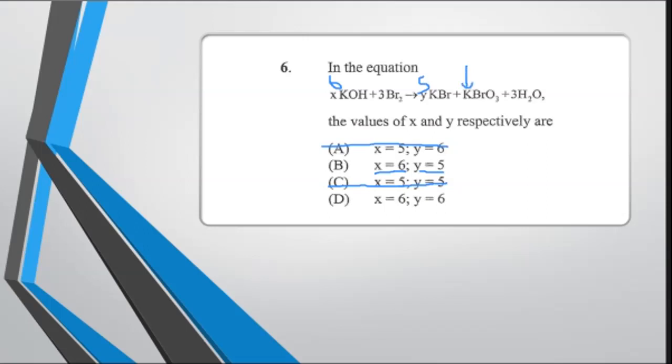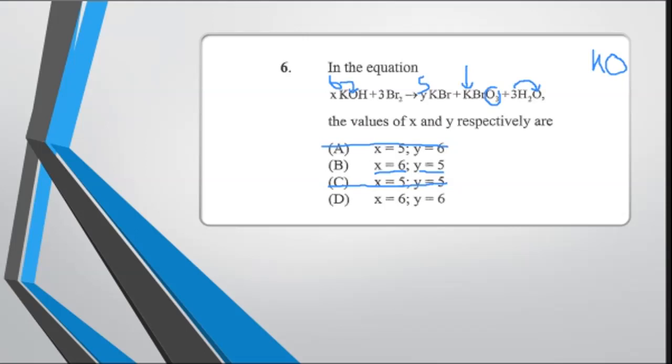So let's check the oxygen. I have 6 oxygen on this side. On the opposite side, I have 3 oxygens here and 3 oxygens here. Right? 3 2s are 6. So the oxygens balance off. So the potassium is balancing off, the oxygen is balancing off.